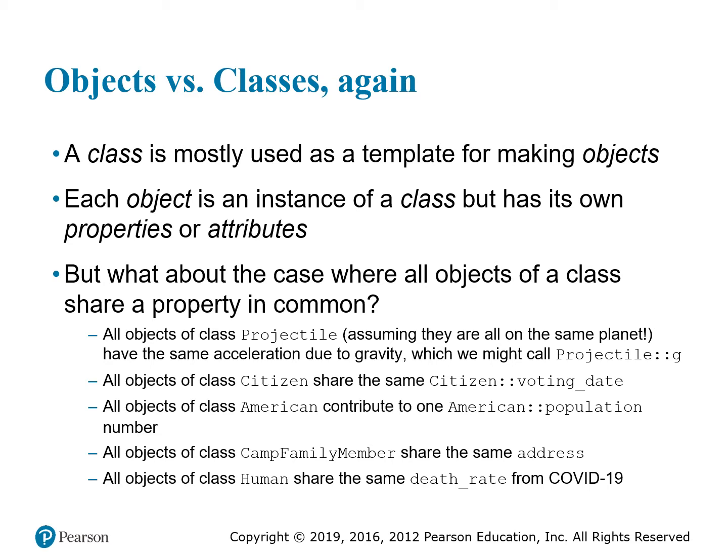Well, assuming all of these projectiles are on the same planet, they all have the same acceleration due to gravity. So why make that a property of each individual object? Let's just make it a property of the whole class, which we might call projectile::G. Use the C++ scope operator to say that G is part of the class projectile.